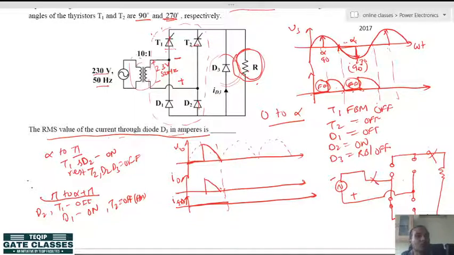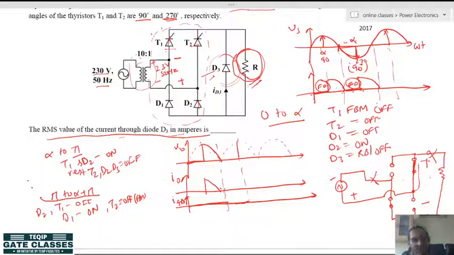So, that is why I told you, when resistive load is there, where is the question of working of the freewheeling diode. So, the freewheeling diode will be off from this position also, and when the firing pulse is there, this will get connected. Again this positive will be here and this negative will be here.